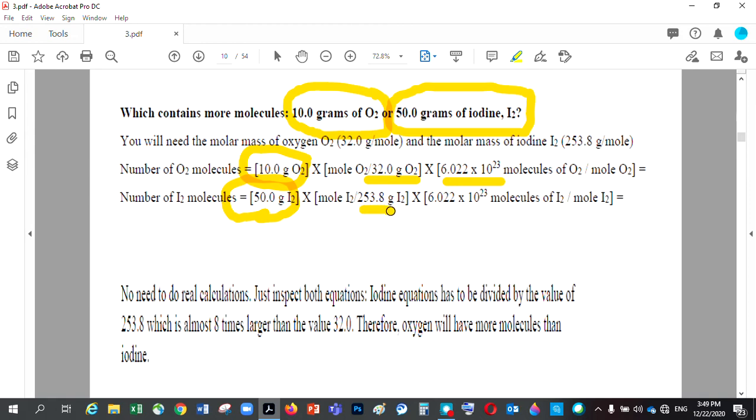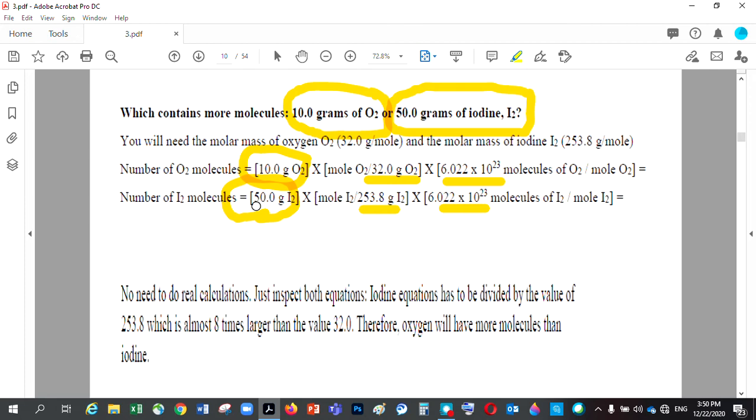But the molar mass, look at how huge it is. It's about 8 times larger than the molar mass of the oxygen molecule. So multiply by Avogadro's number. This is still Avogadro's number, in both the same, correct? 10 and 50 is not that big a difference, but the difference in the molar mass will make a big difference.